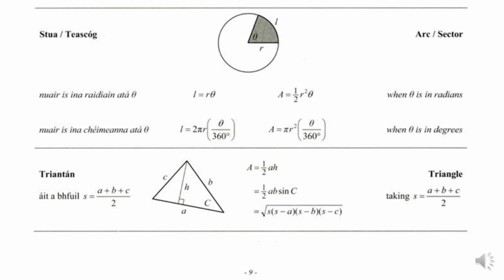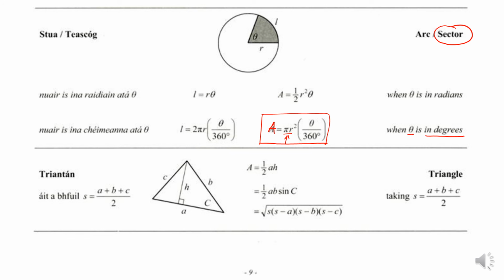So back to our formula and tables page. So we're looking at a sector, and we're looking for the area, which is A, when we're using theta in degrees. So it's this one. Again, it's based on a full circle. The area of a full circle is pi r squared.